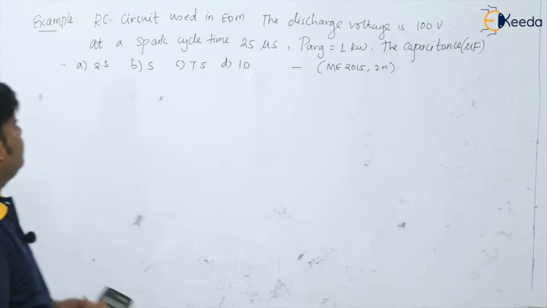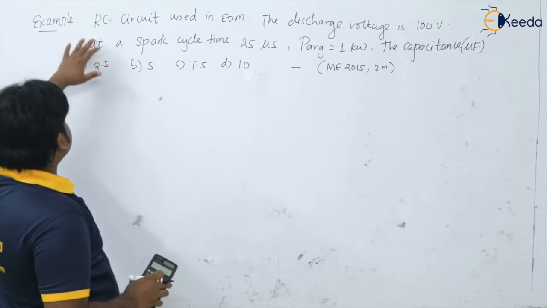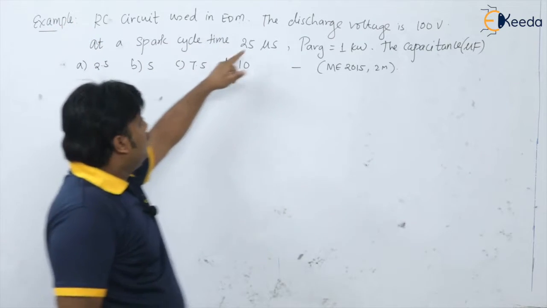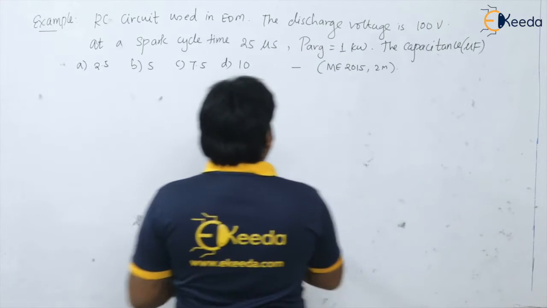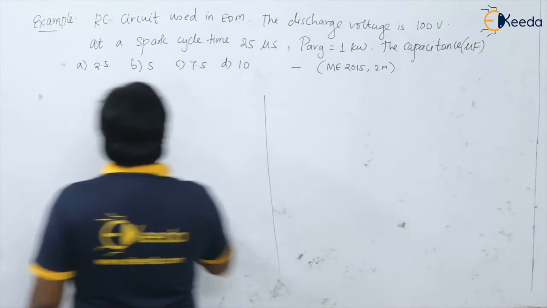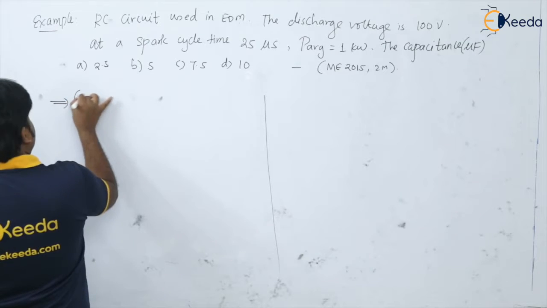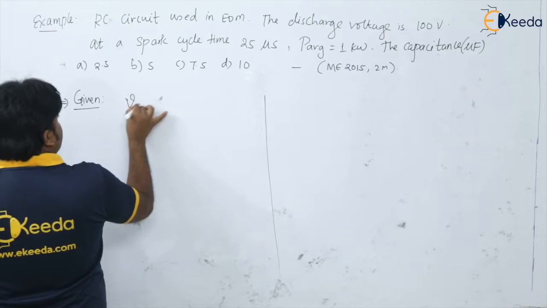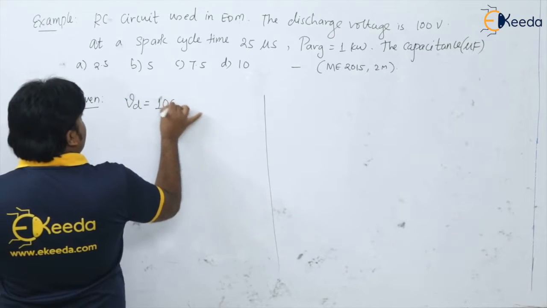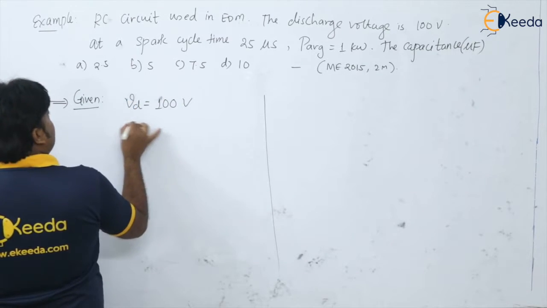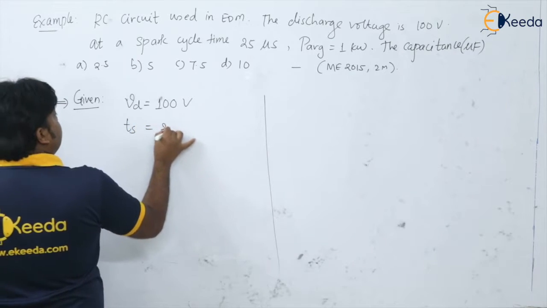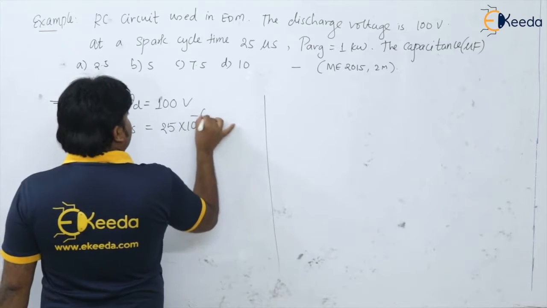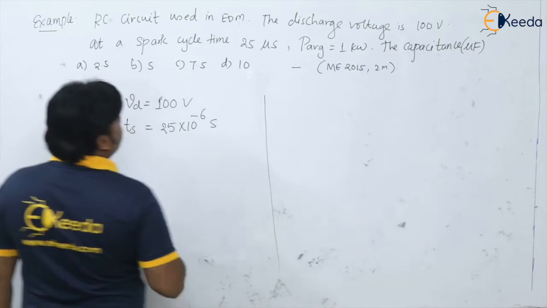So see here, the resistance, capacitance and relaxation circuit used in the EDM process. The discharge voltage is how much? 100 volt. So what is given here? Discharge voltage 100 volt and spark cycle time TS is given, which is 25 into 10 to the power minus 6 seconds, isn't it?